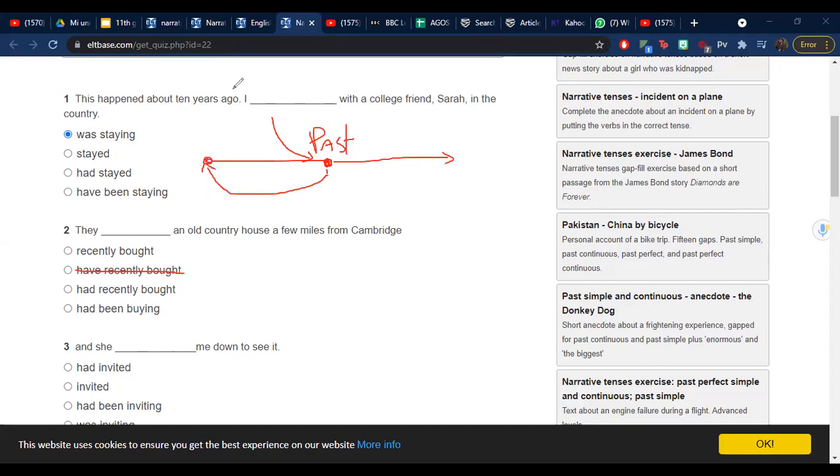So we need to have past perfect. So which one is correct? The third option: they had recently bought. Yes. They bought it recently, so maybe it's not that long, but it's before anyway. Not that long ago, but it's before the main event.